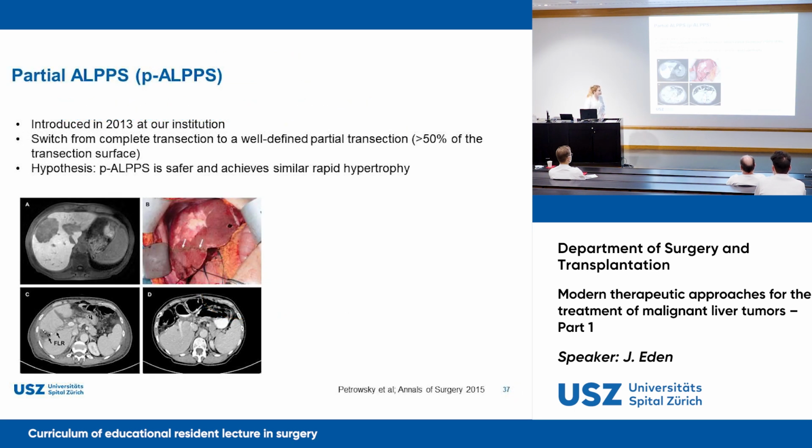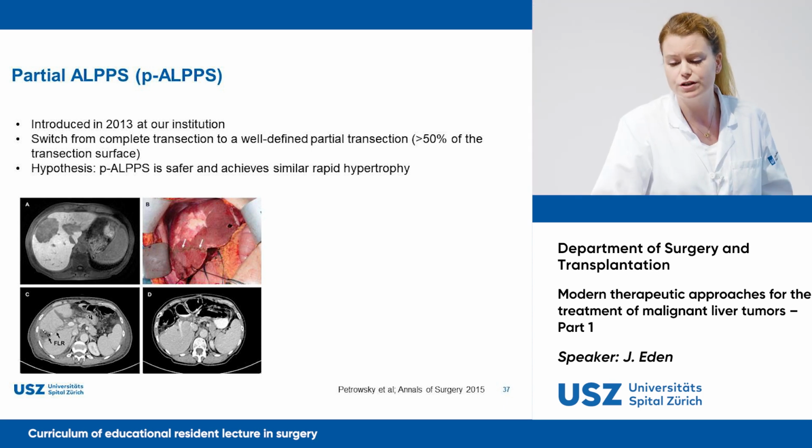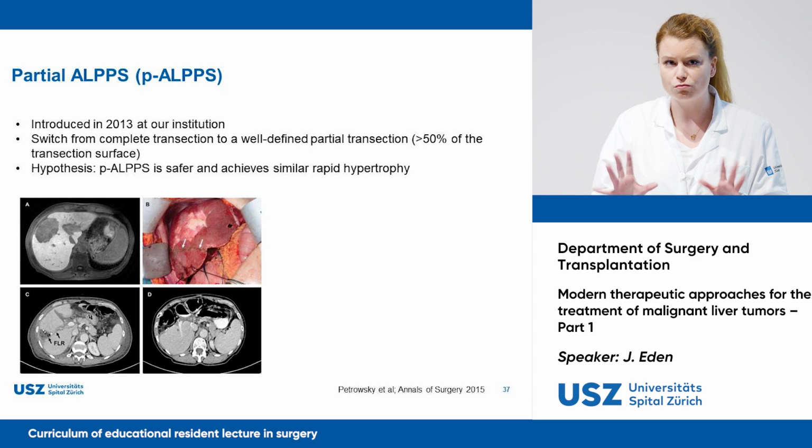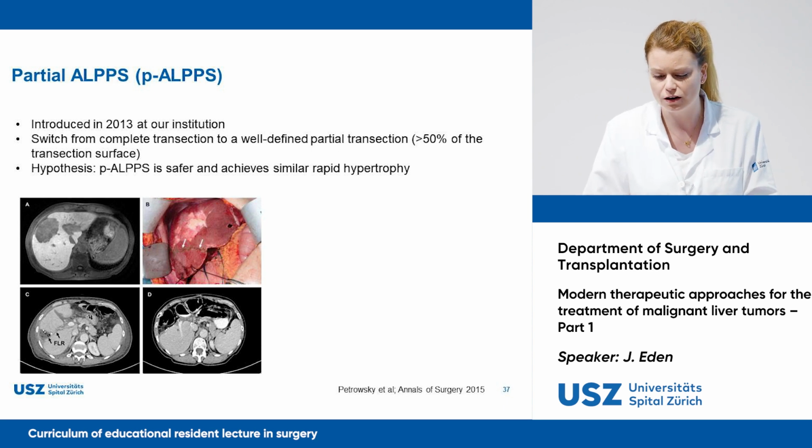It was introduced in 2013 at our institution. What it is, is a switch from complete transection to a well-defined partial transection of about 50% of the entire transection surface. And the hypothesis behind it is that the PALPS procedure is safer and achieves similar rapid hypertrophy.